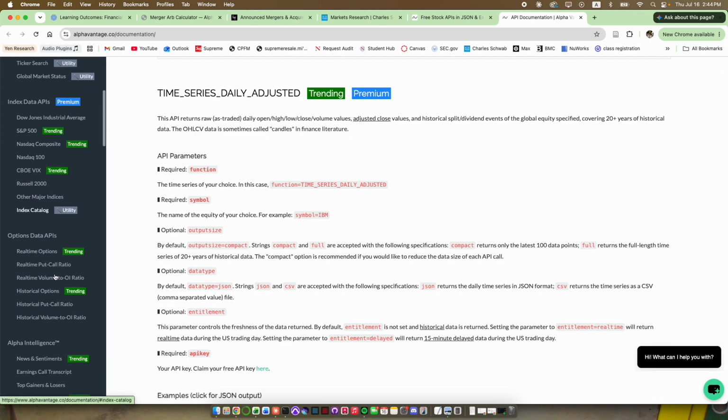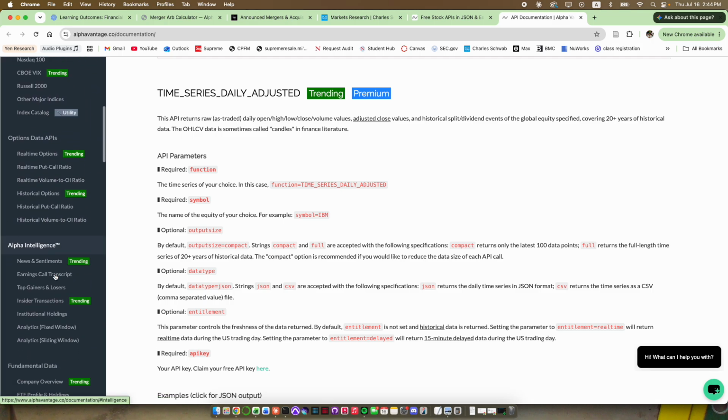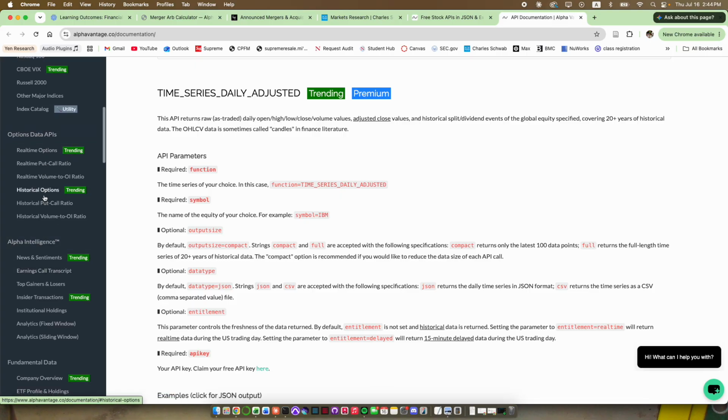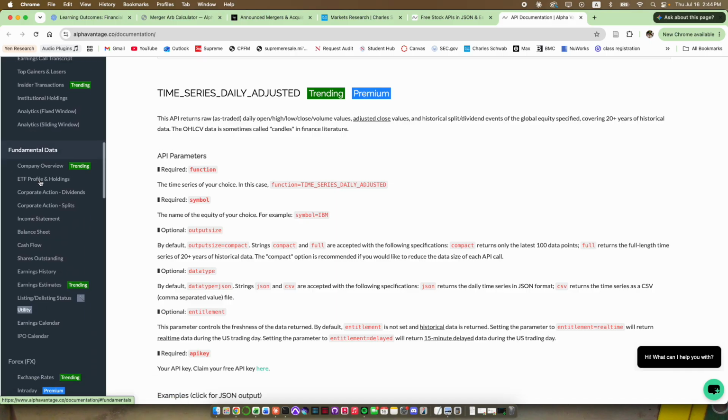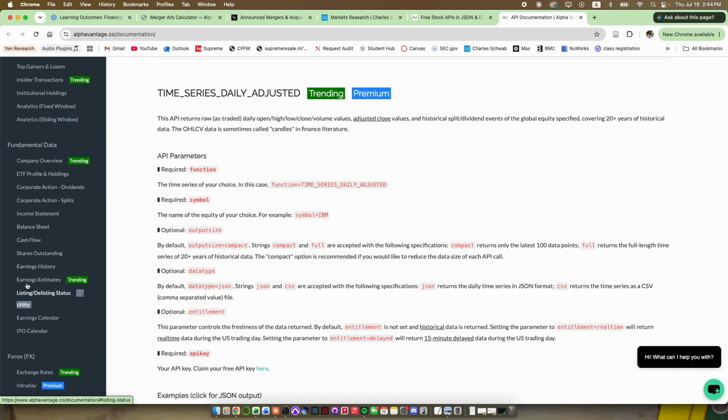It also has all sorts of other real-time data, like if you're trading options or trading indexes, like the NASDAQ 100, and some other interesting balance sheet and cash flow data you can get for companies.